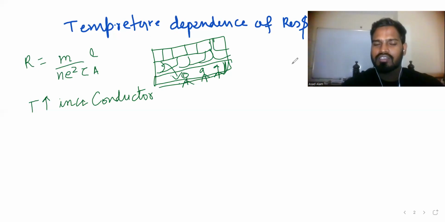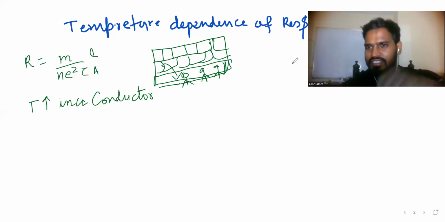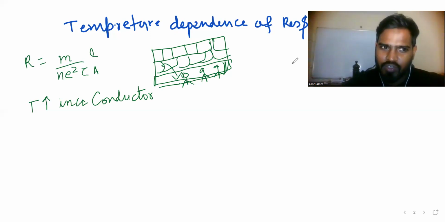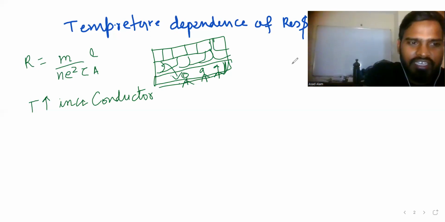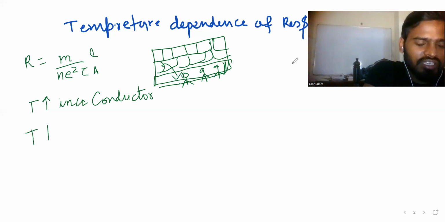Same in atoms also, if you see in a conductor, the relaxation time, when you increase temperature, then what will happen? Relaxation time will decrease. So we can say here, on increasing temperature, tau will decrease.